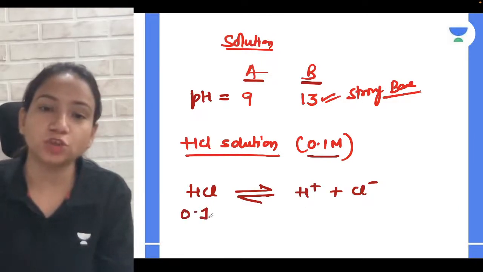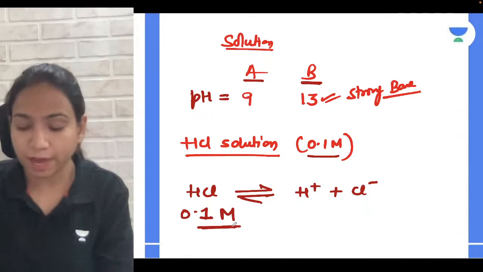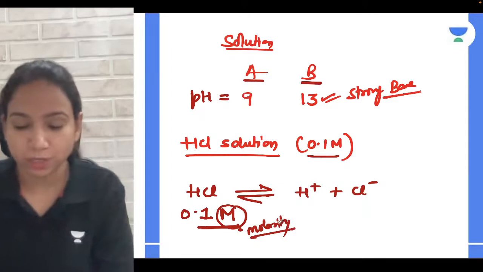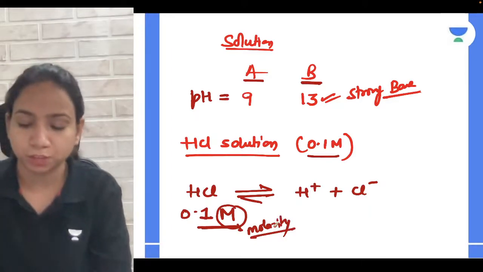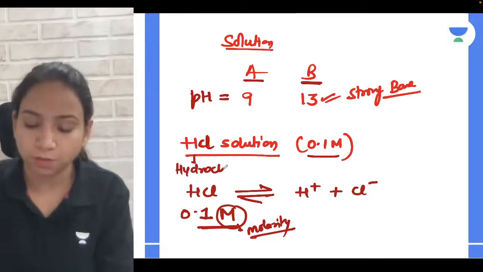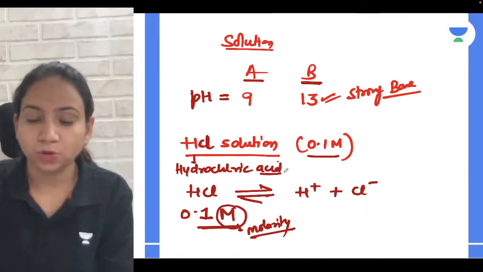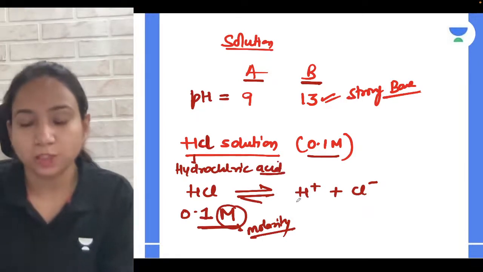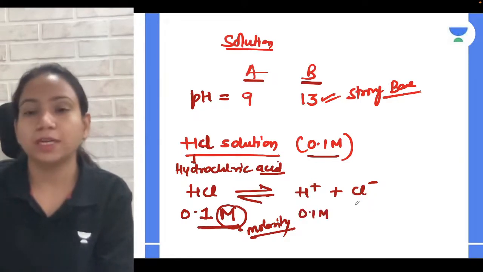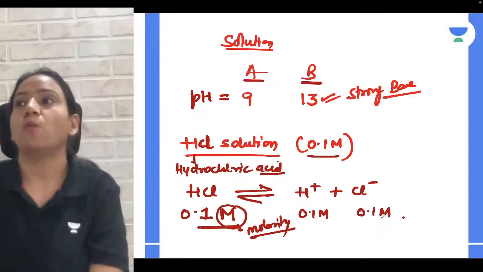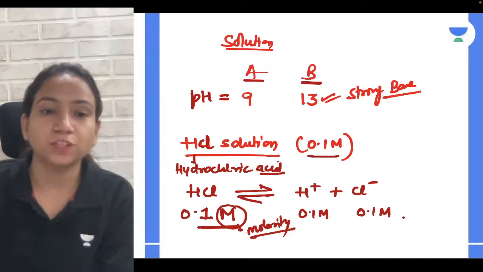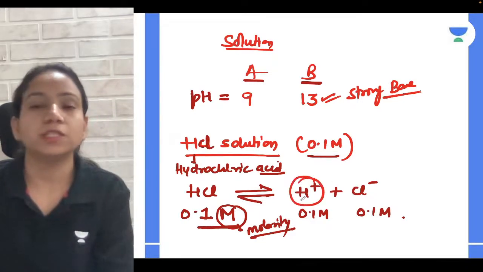So if the concentration of HCl is 0.1 molar, when it dissociates into ions, the H plus ion concentration is going to be 0.1 molar, and the Cl minus ion also 0.1 molar. So you got to know the concentration of H plus ion.